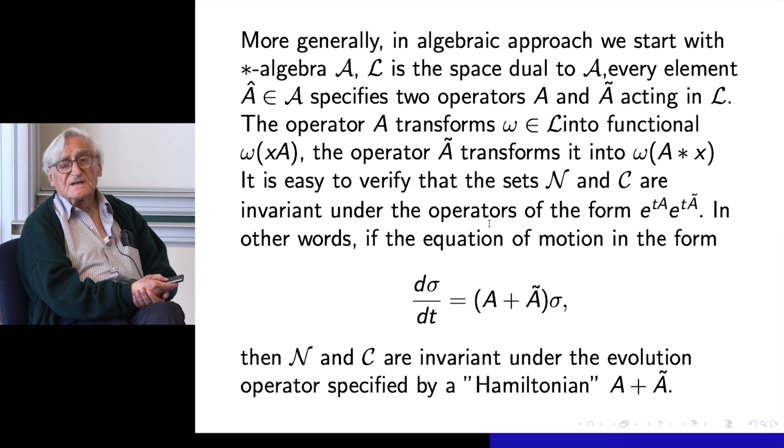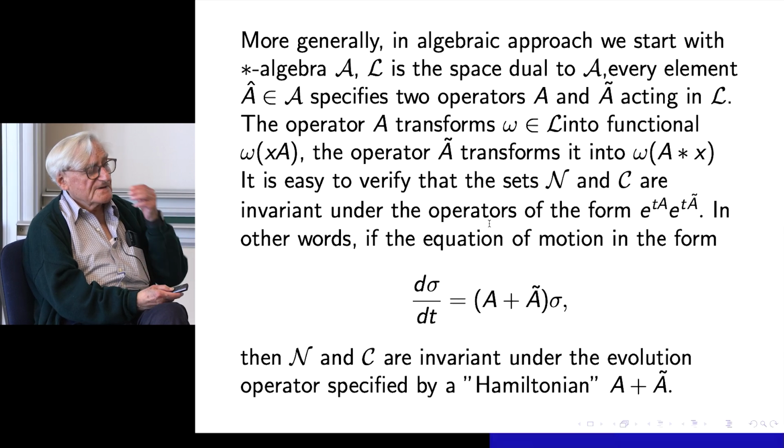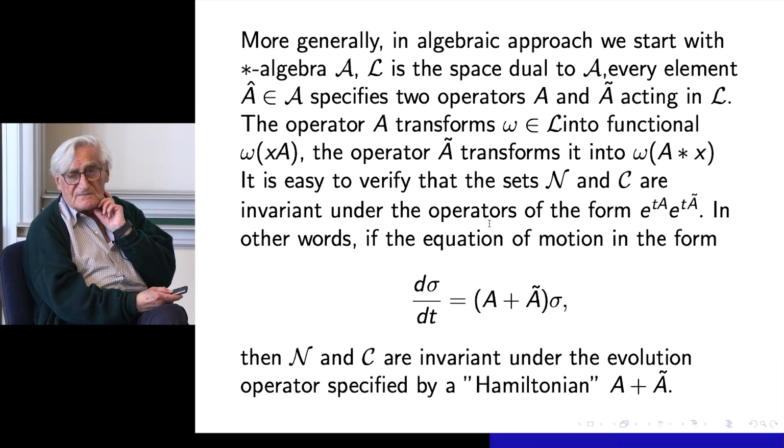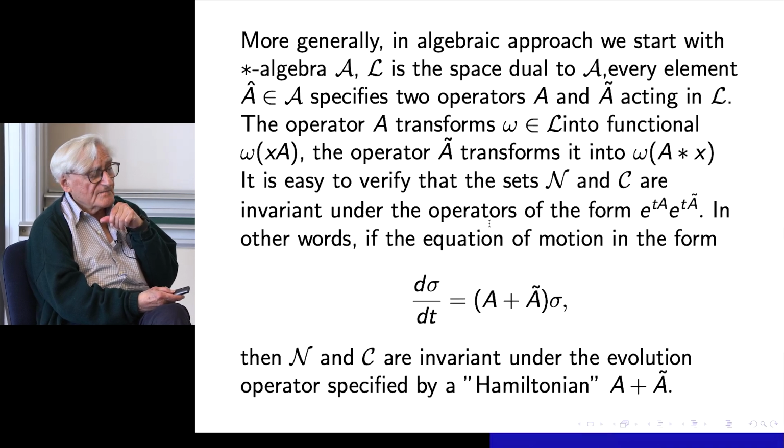If you have an operator A hat acting in the space of CCR, then you have two operators acting on linear functionals. One of them is denoted by A, the other denoted by A tilde.